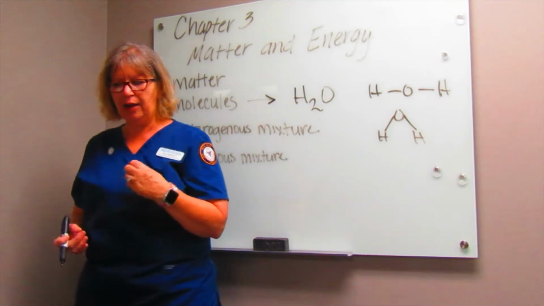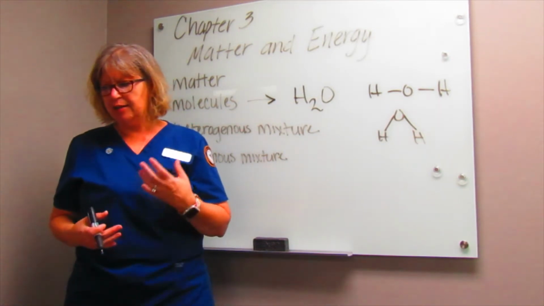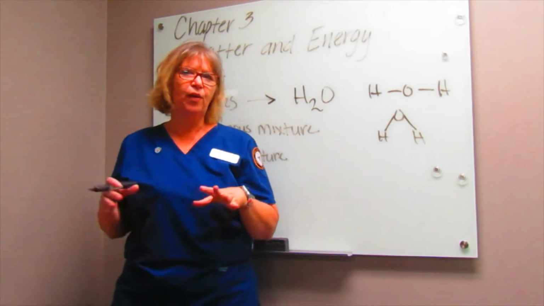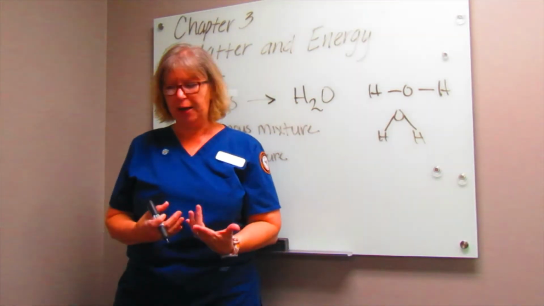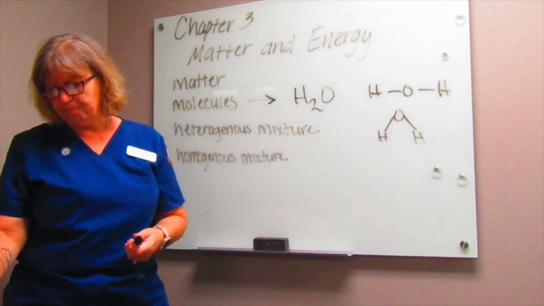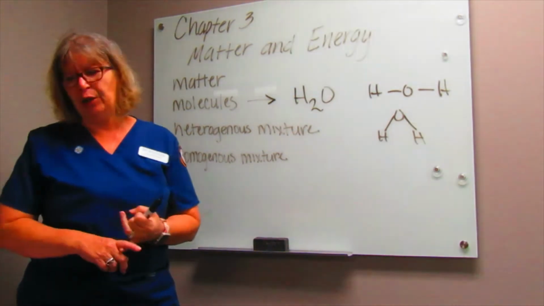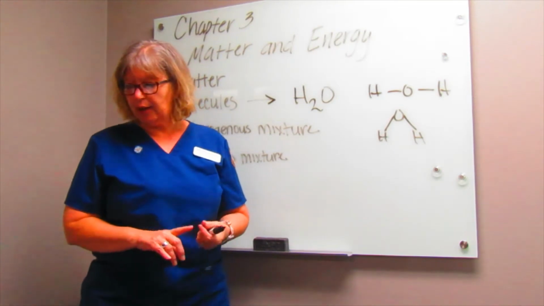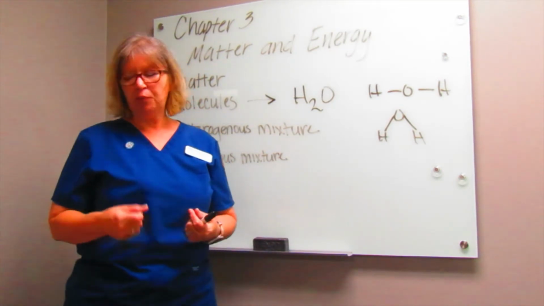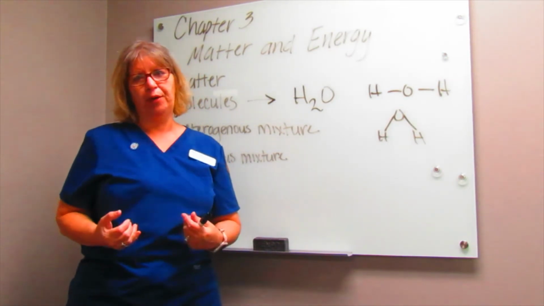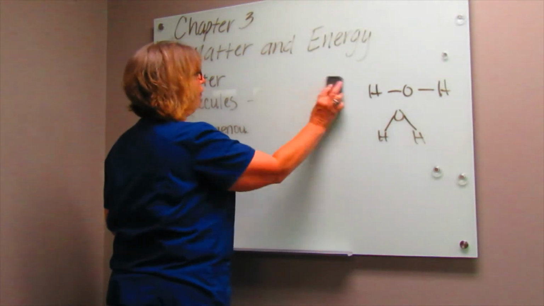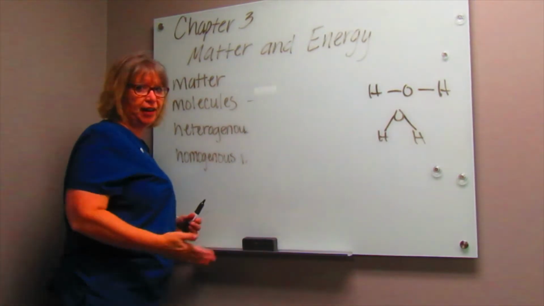Okay, and a physical property is one that changes a substance without changing its composition. So that would be color, taste, appearance, melting point, boiling point, and density. A chemical property, this is where we get into what's actually relevant with what we're doing here today.